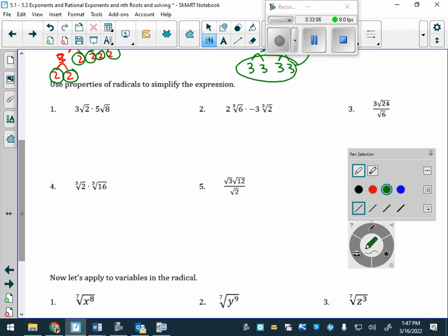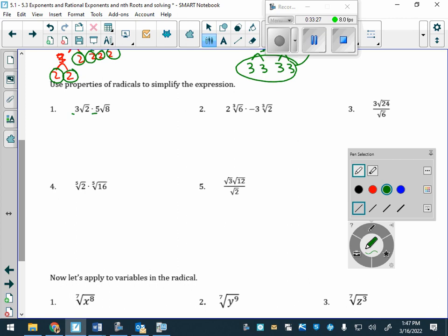Properties of radicals. Okay. What we have in this first one is we're multiplying 3 root 2 times 5 root 8. Now, when you're multiplying and they have the same index, you could write it under 1 or multiply those together. So you can multiply the outside and then the inside.